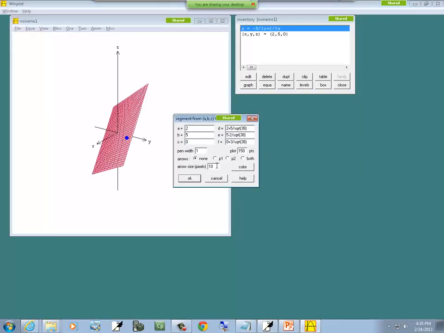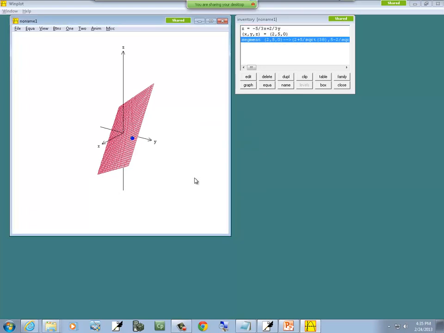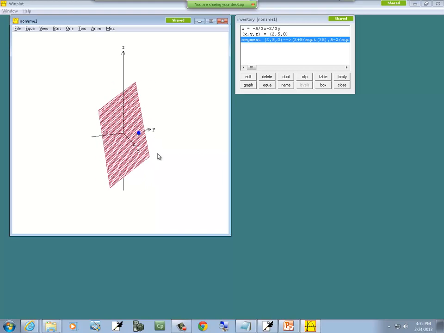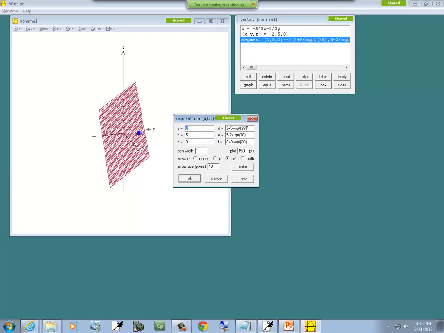Okay, now assuming I did everything right there, let's do our arrow at P2 and arrow size 10, that's fine. Click OK. And well, let me put that in my calculator.